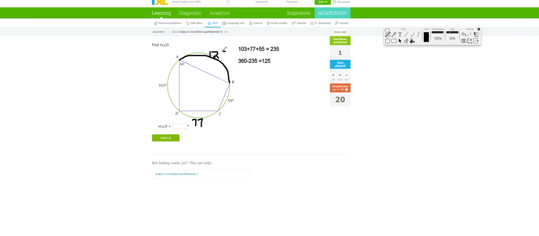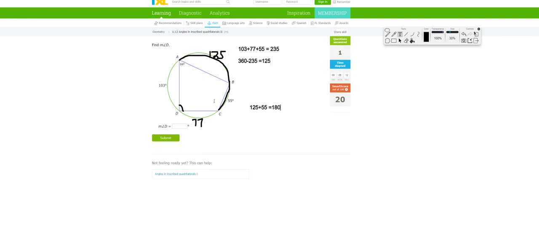So that means that this arc from A to B is 125 degrees. Now that I have that arc, to find angle D, I need to go from A all the way to C. So I need to add 125 plus 55, and that will be 180 degrees.